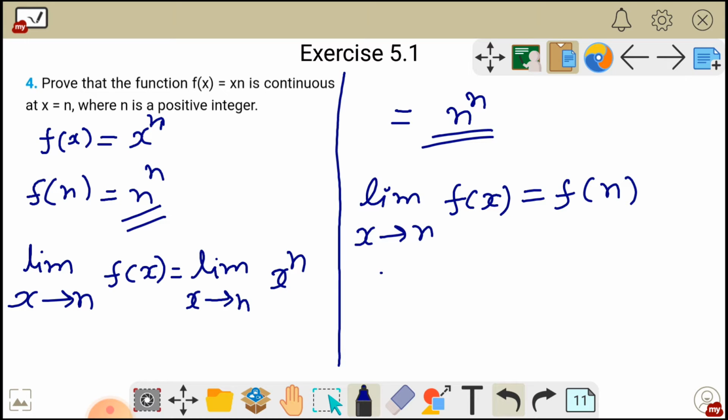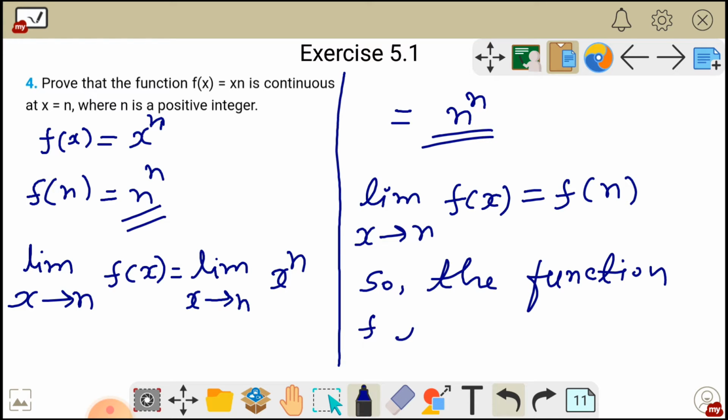So, the function f is continuous. So, this is our fourth question. Now, let us move to the next question, which is the fifth one.